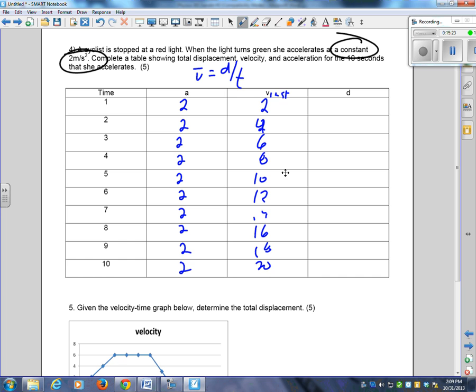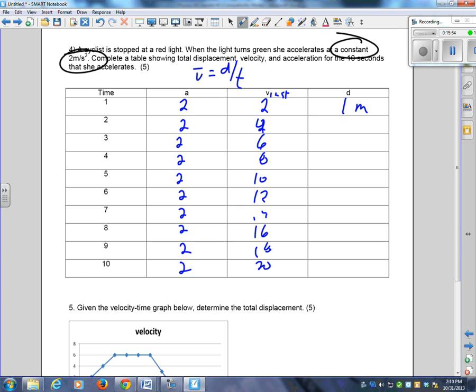No. Okay, so if you started at 0 and after 1 second your speed was now 2, what would you have averaged over that 1 second? 1 meter per second. So 1 meter per second for 1 second takes you a distance of 1 meter.